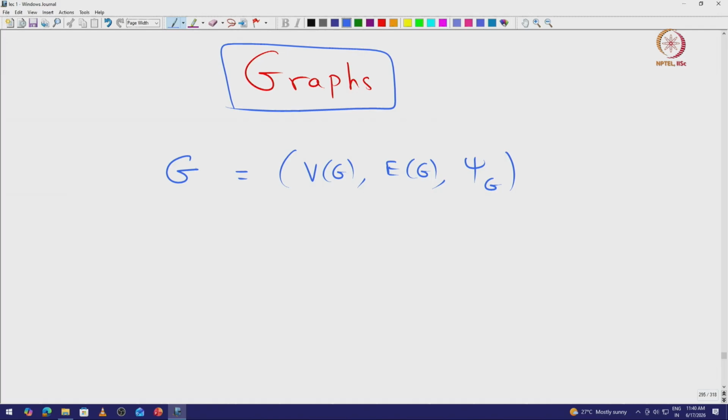So, as I told, this V of G is the set of vertices, E of G is the set of edges, and this is the incidence function.